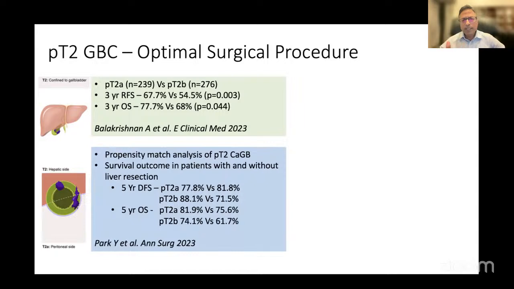The other point about PT2A and PT2B is whether it merits liver resection, whatever type of liver resection we could contemplate. And it has been shown that in PT2A, it may not matter whether you do a liver resection or not, but in PT2B, which is the liver side, the outcome is better when there is a liver resection.